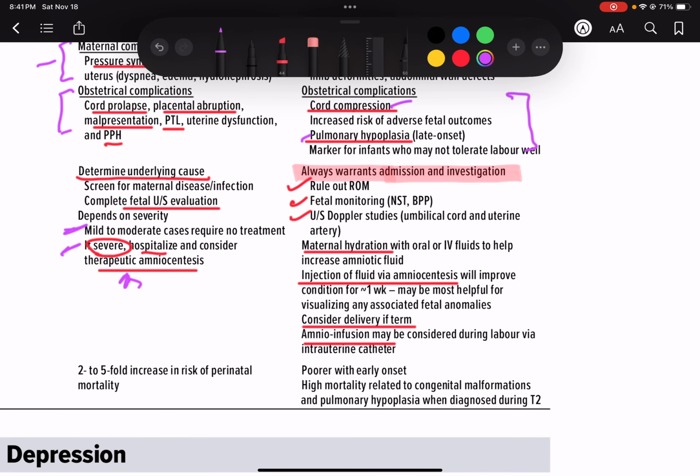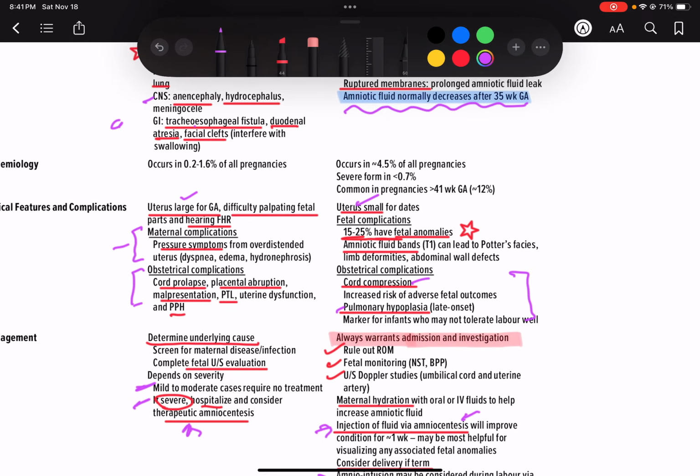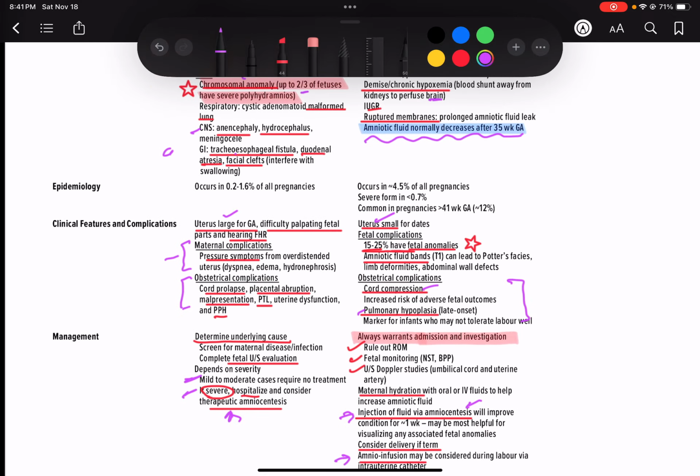And just opposite to that, in oligohydramnios, you might consider amnioinfusion. You might consider injection of fluid via amniocentesis, so that it could improve the condition for around a week, and it may be helpful for visualizing any associated fetal anomalies too. Because over here, I guess I missed this part, the fetal complications.